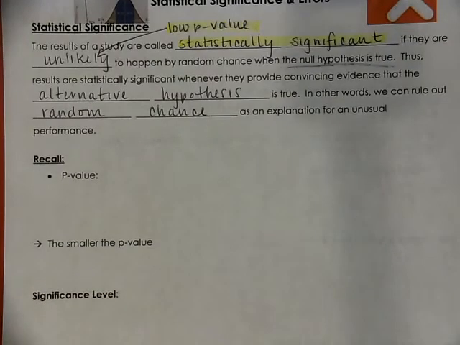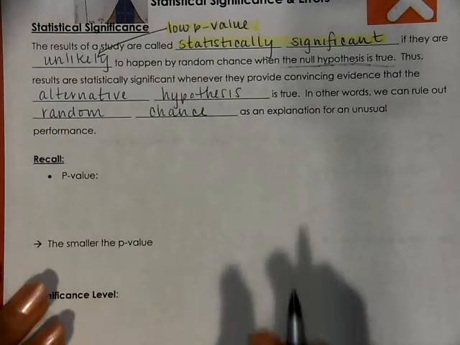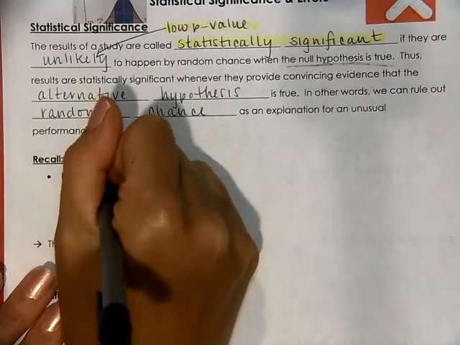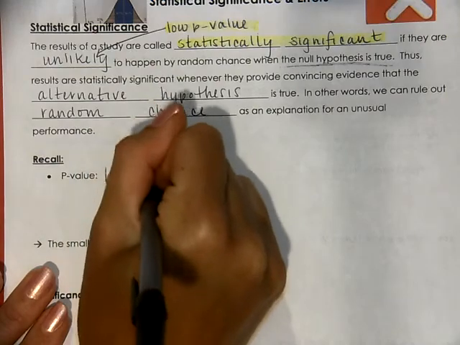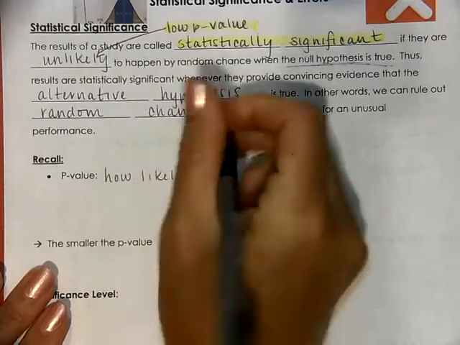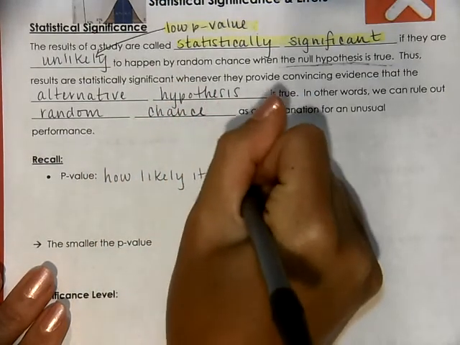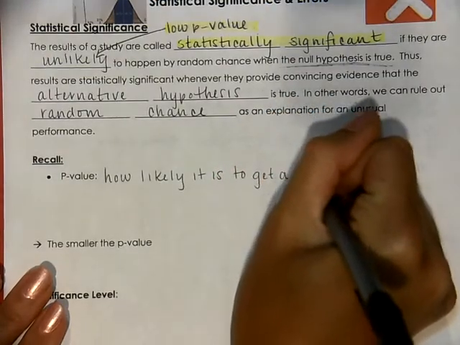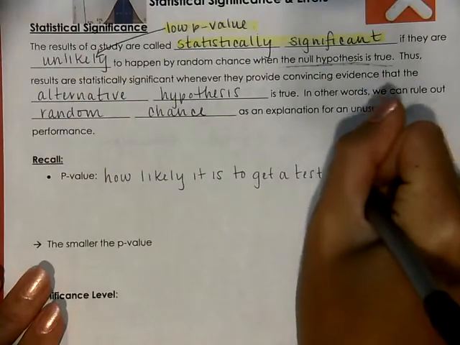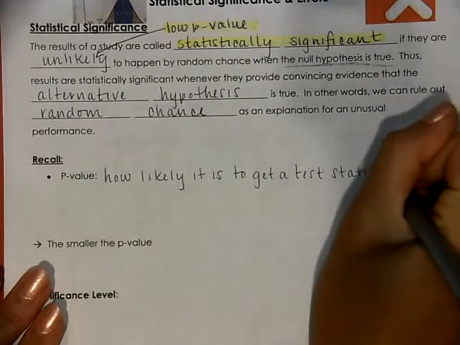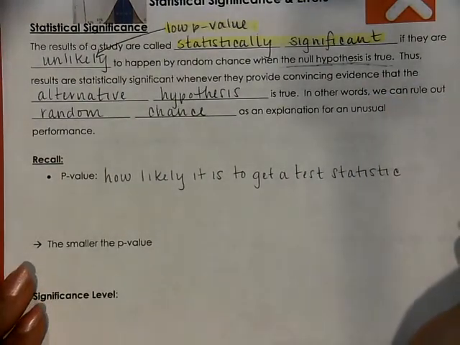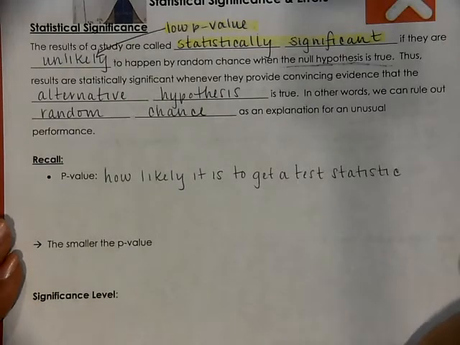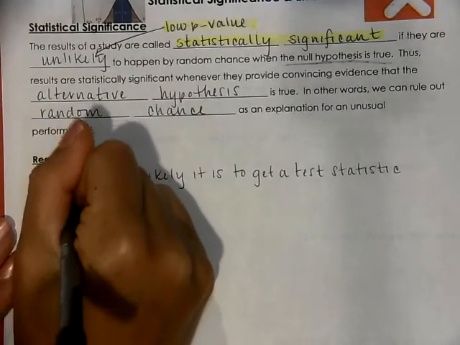So recall, what's a p-value? A p-value is how likely it is to get a test statistic at least as extreme as the observed value by random chance.